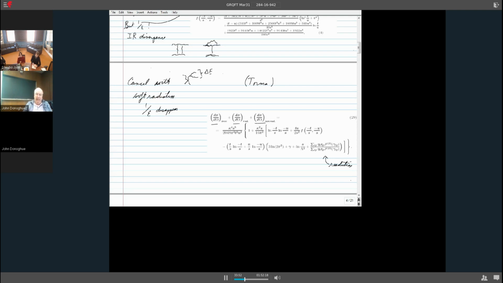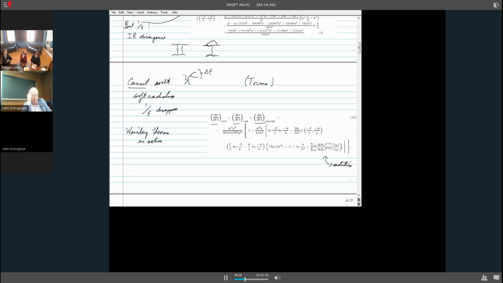And you find that all the 1 over epsilons disappear. And it's replaced by some function of the energy resolution, delta E, differentiating whether you've radiated or not. So it works just like Bremsstrahlung. Okay, so this is the Weinberg theorem in action.